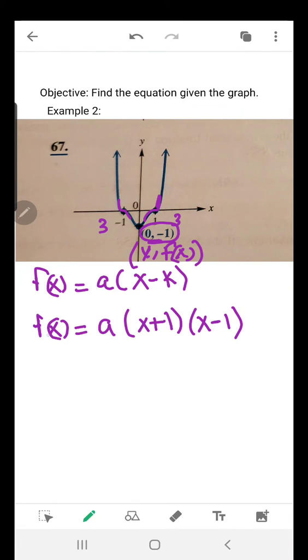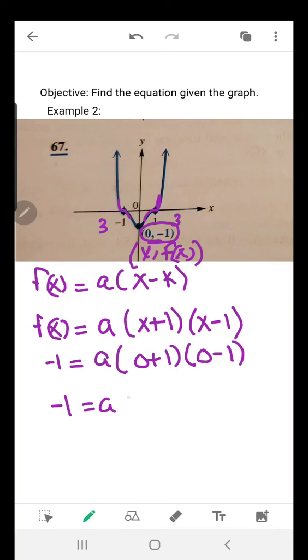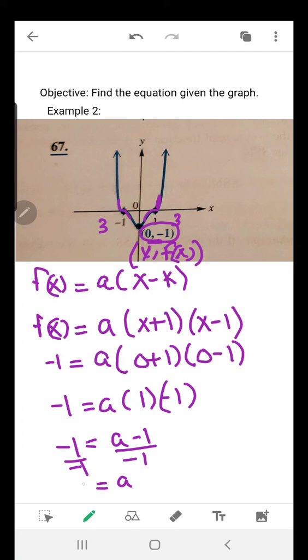All right, so where I see f of x, I'm going to replace that with -1 equals a times 0 plus 1, 0 minus 1. -1 equals a times 1 times -1. -1 is equal to a times -1. And when we divide both sides by -1, we get a is equal to 1. So we have our a.